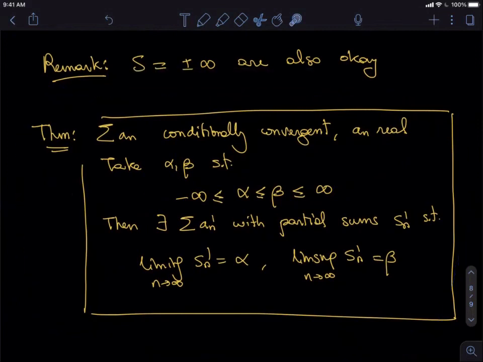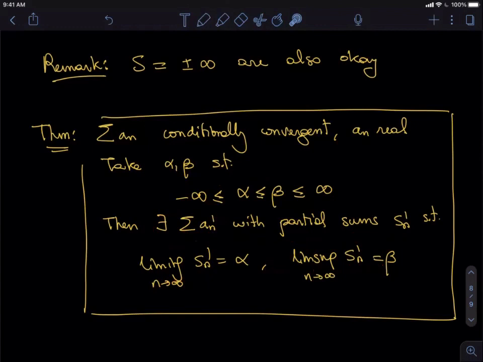If we have a conditionally convergent real series, given any two numbers alpha, beta, that could be different or could be the same, or they could be negative infinity or plus infinity, that's allowed too, then there exists a rearrangement with partial sums that have lim inf alpha and lim sup beta.